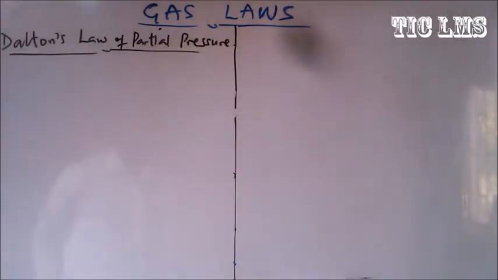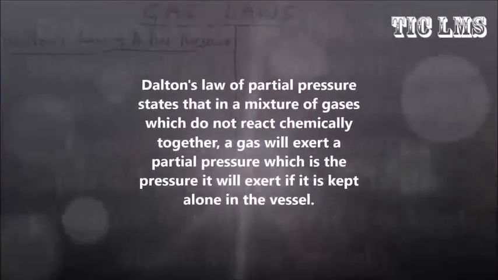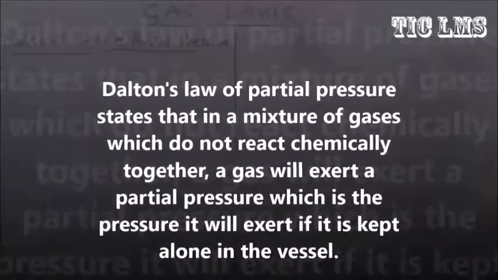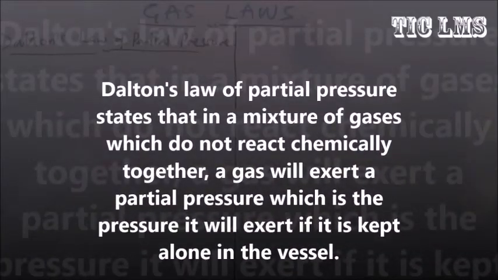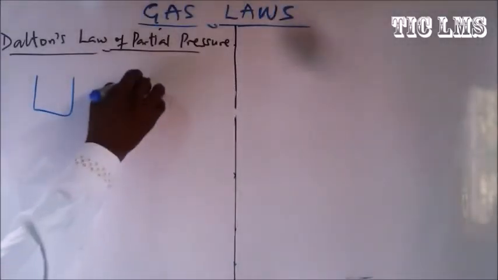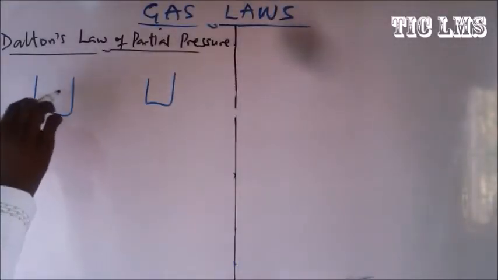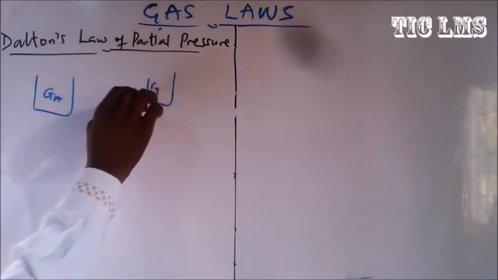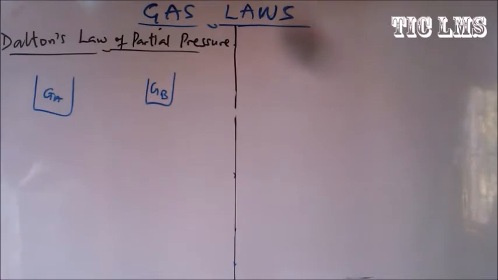Move on to Dalton's law of partial pressure under gas laws. His law states that in a mixture of gases which do not react chemically together, a gas will exert a partial pressure, which is the pressure it will exert if it is kept alone in the vessel. So if you have a gas here and a gas here, this gas will have its own pressure and this gas will have its own pressure.